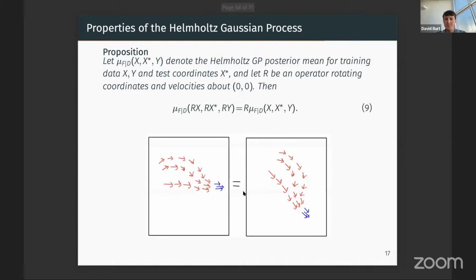So here's that cartoon of what would happen. We again have these red arrows, which are our training data. If we rotate it by 45 degrees, we'll make the exact same inferences as we would have had we not rotated the data.